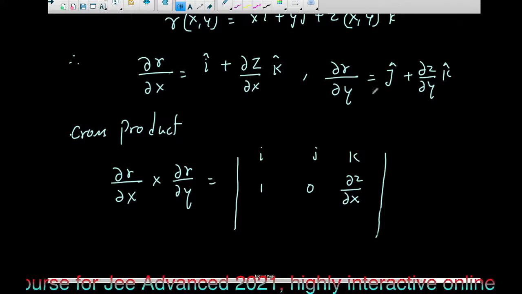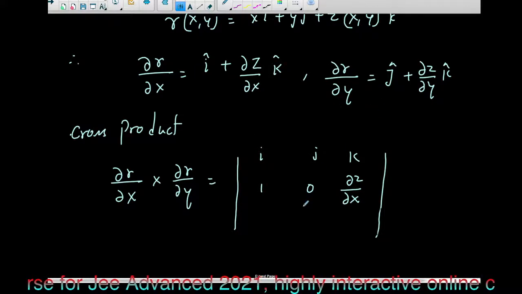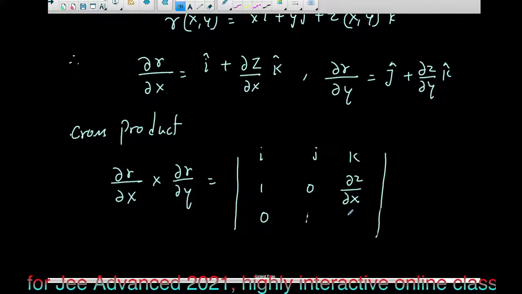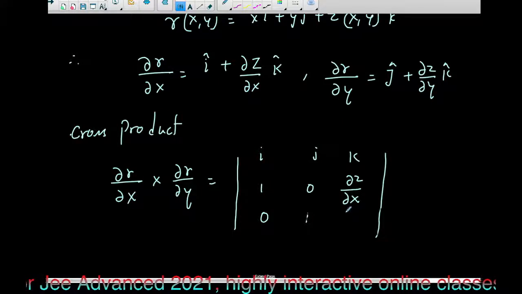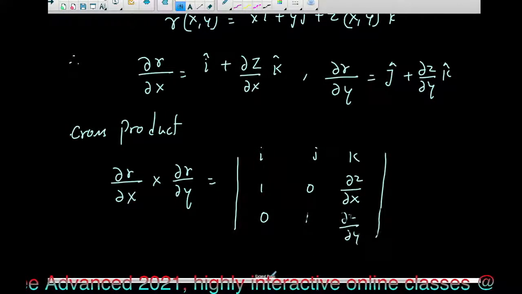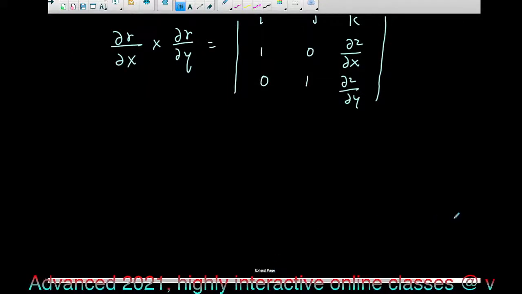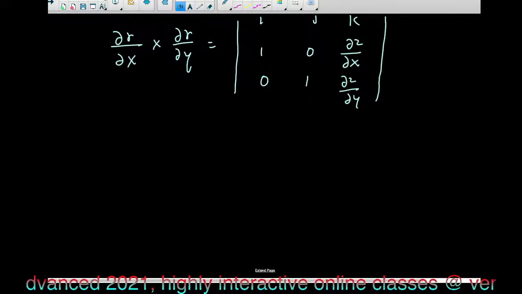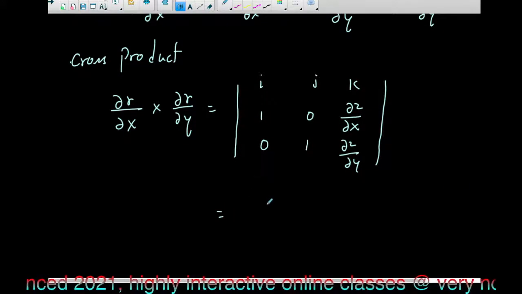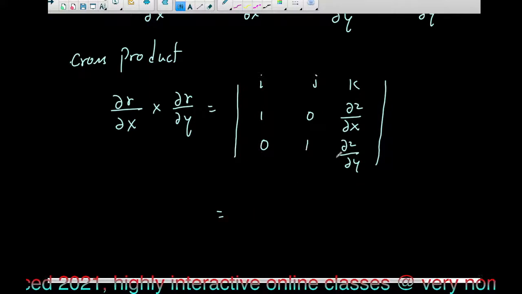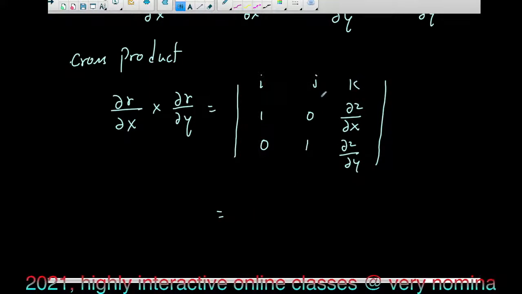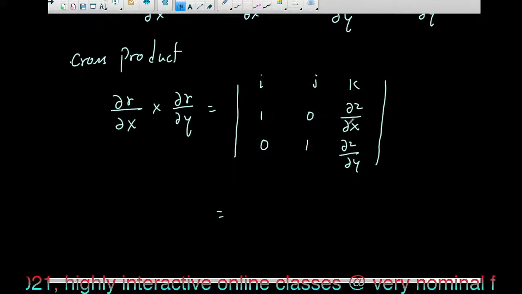correct? And what about del r by del y? Here the j coefficient is 1, the i coefficient was 0, and the k coefficient is del z by del y. So if you solve this determinant with respect to the first row, just write i into this, 0 minus this.